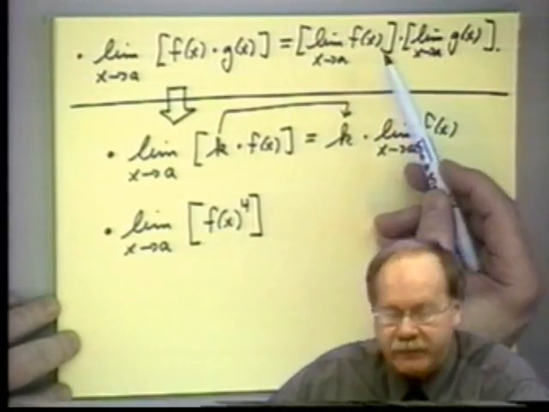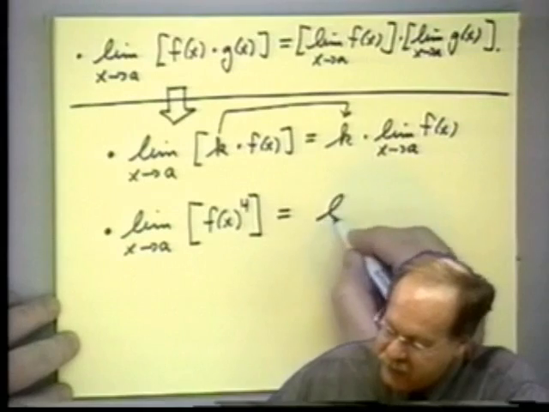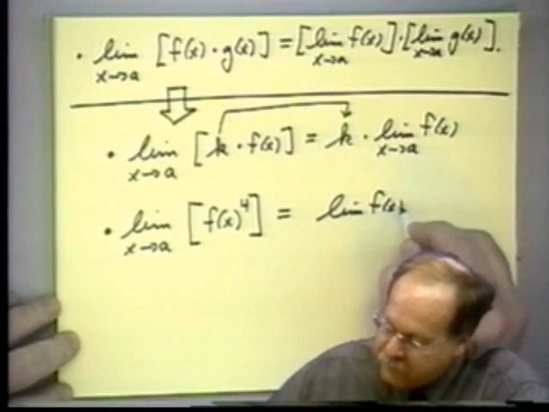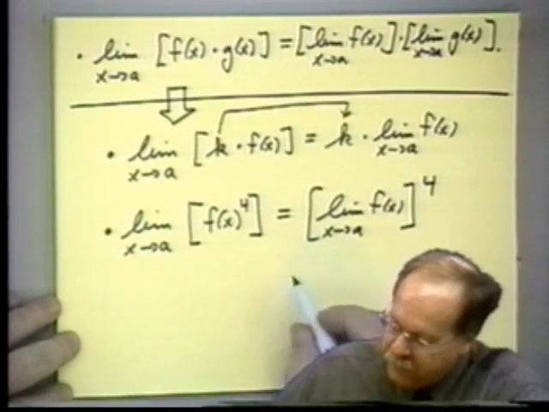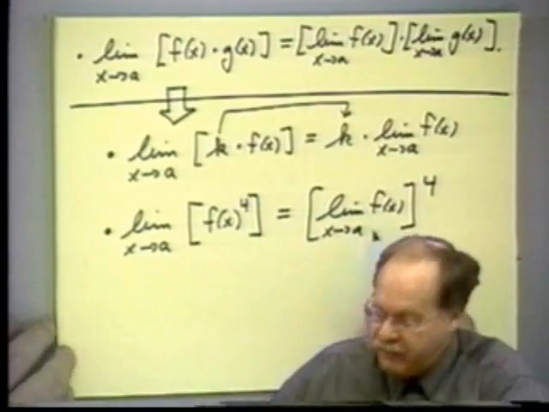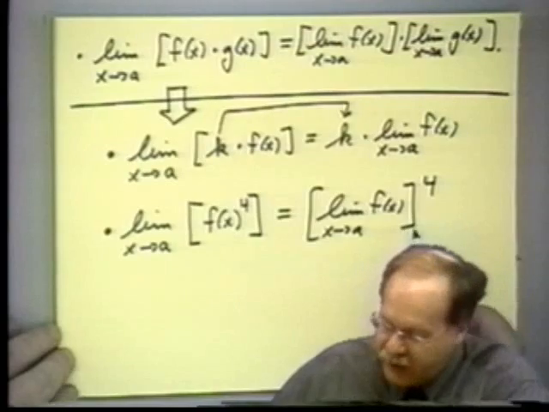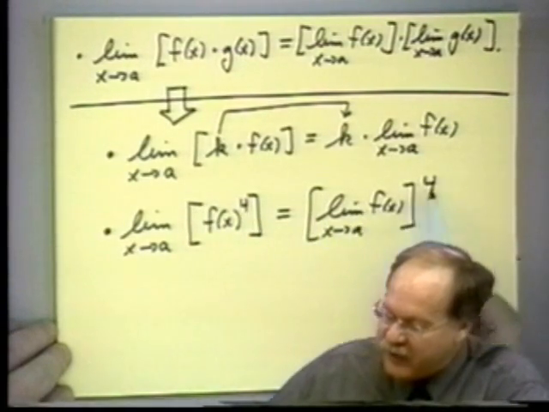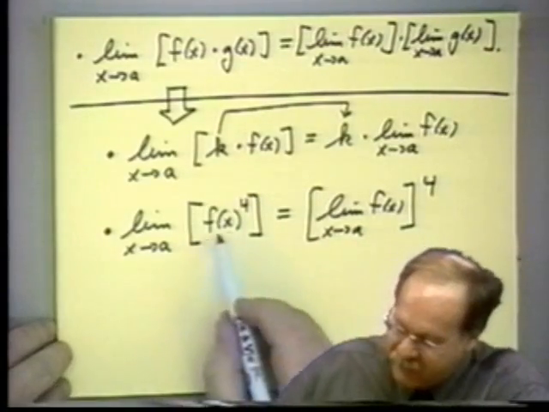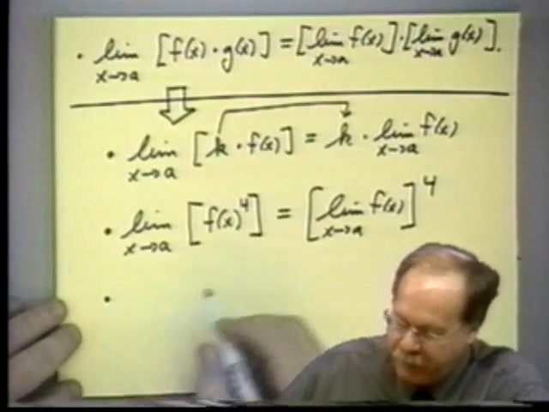Well, they're all the same. So this is the same thing as the limit of f of x as x approaches a, all taken to the power 4, because the limit of each one of these is the same thing. So here's another way that the power can pass through the limit sign and come outside if you have a single function taken to a power.